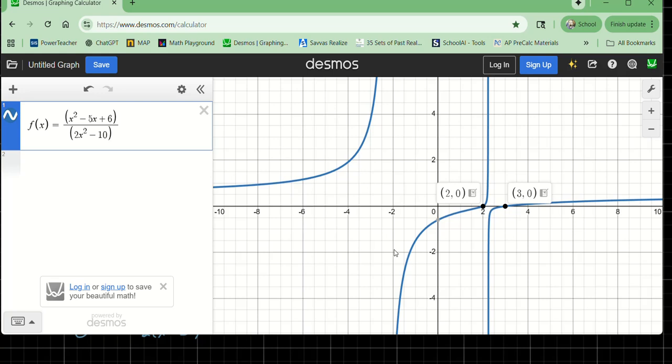As I go really far to positive or negative infinity, where should my horizontal asymptote be? What did we find the ratio was of the leading coefficients? Zed, what you got? What's the ratio of the leading coefficients for this thing since my degrees are equal?